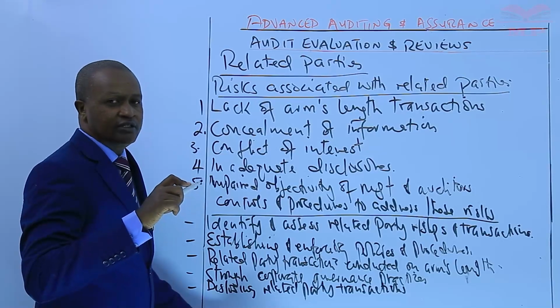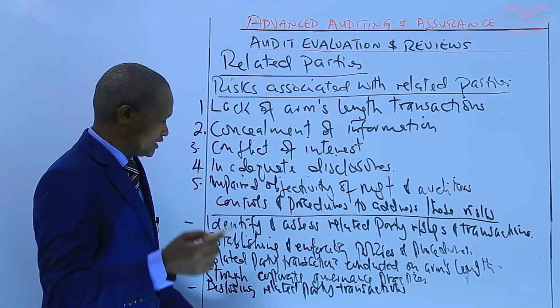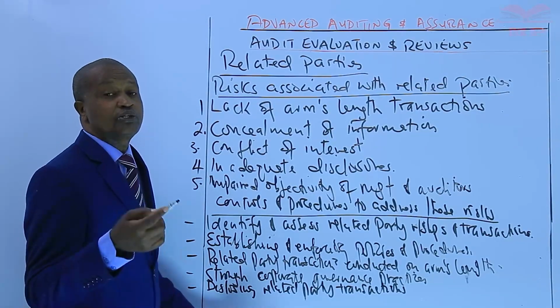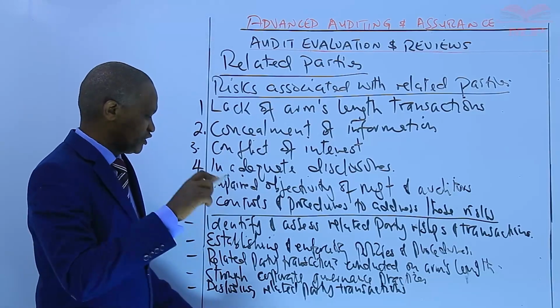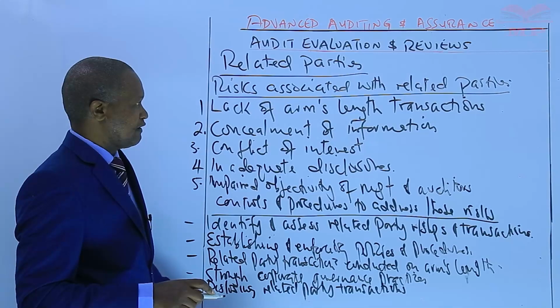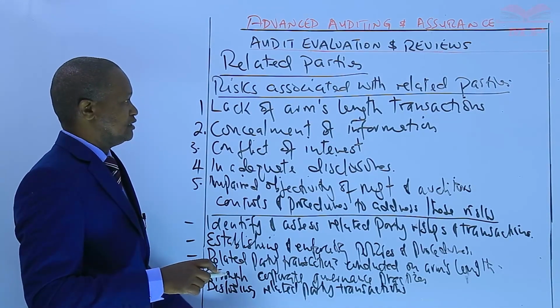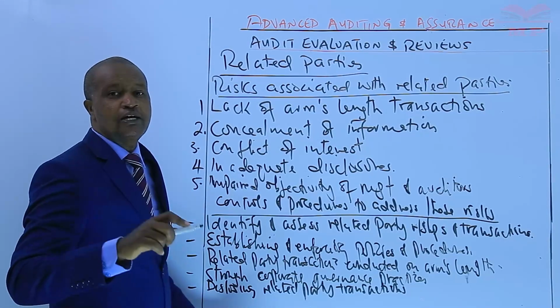The standards on accounting require that related party transactions and relationships be disclosed in the financial statements. So disclosure of such relationships and transactions is another way of controlling or mitigating against the risks that are associated with the related parties.